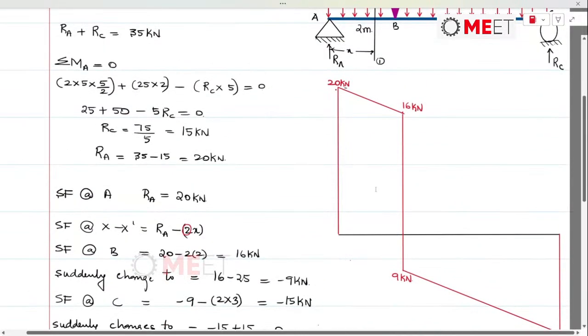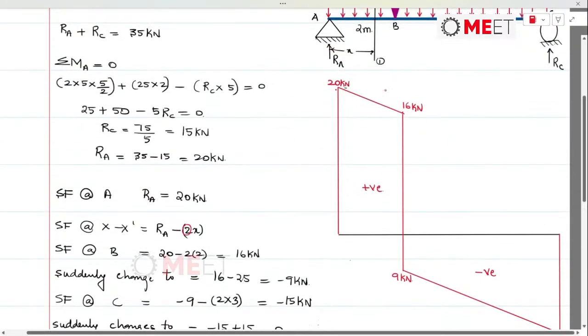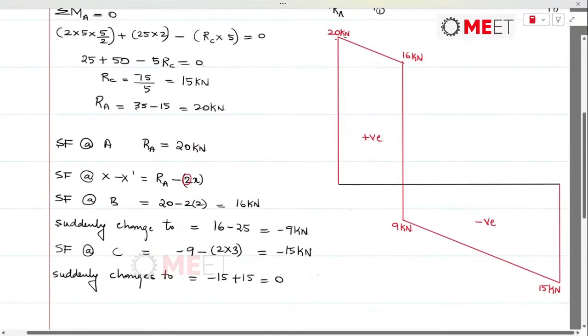So at C, we will be getting shear force as 15 kilonewtons. This will be a negative sign, and this will be a positive sign. Just remember that if we place section XX between B and C, there is no change at all.